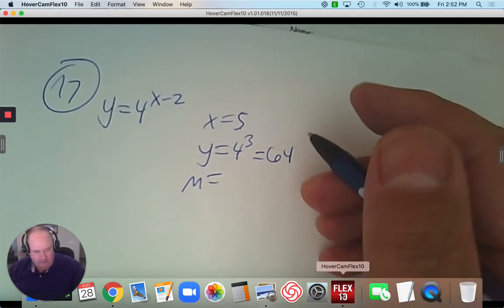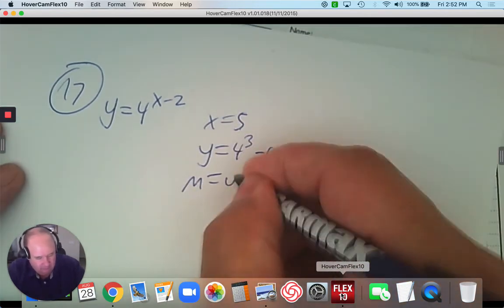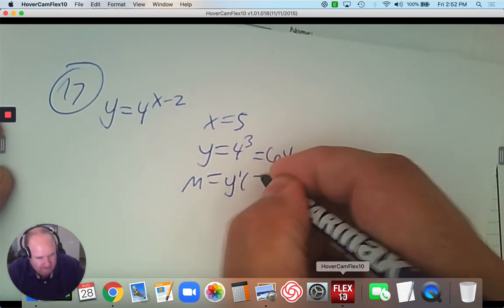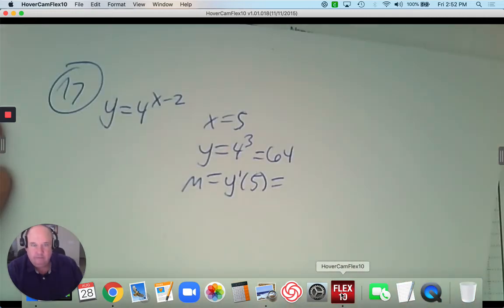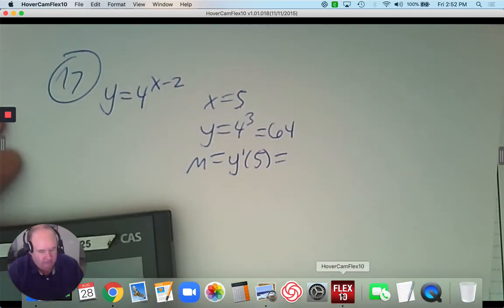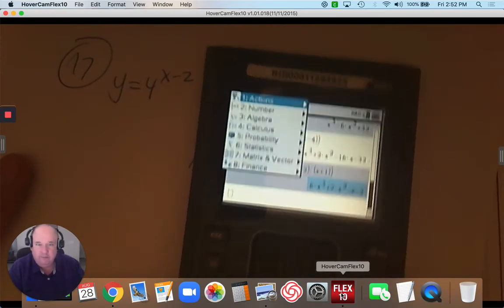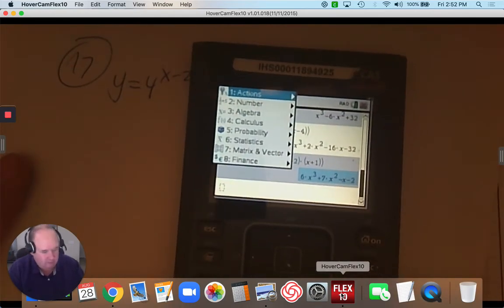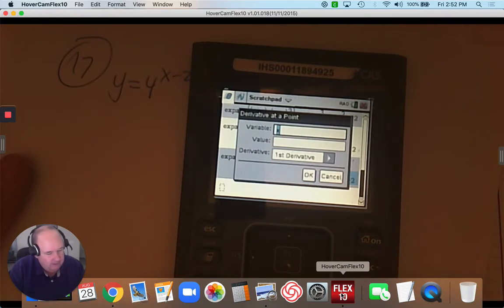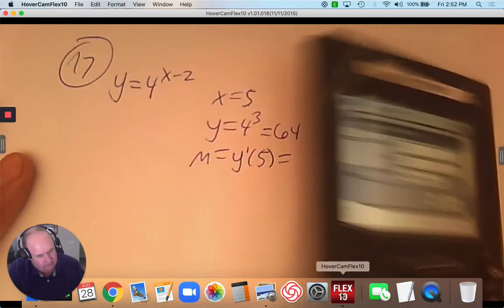Then use your calculator, and we want to find the derivative at 5 for the slope. So I'm just going to use the calculator for that, if that's okay. I'm going to press menu, go to calculus and derivative at a point, and then the value is at, what did I say, 5?